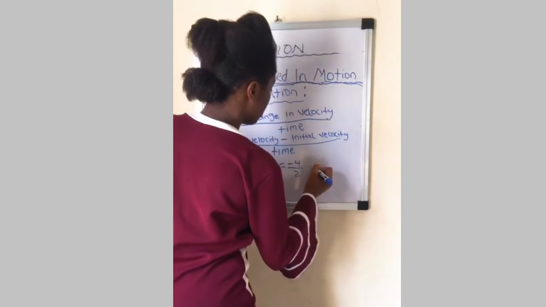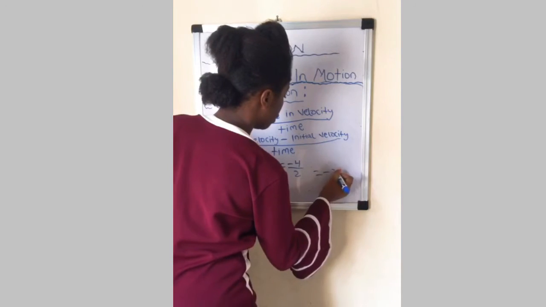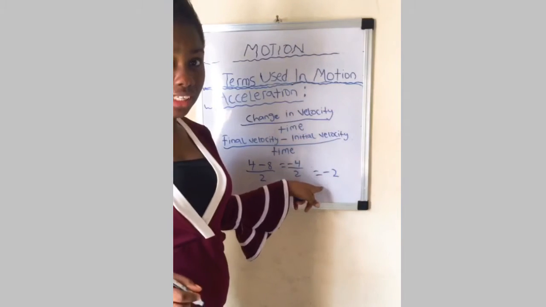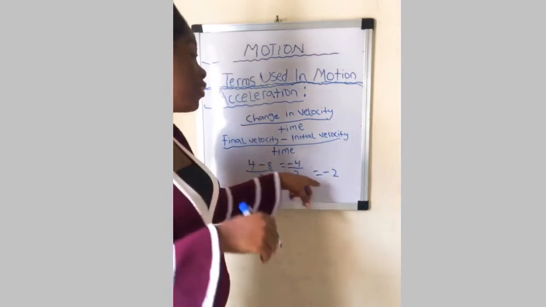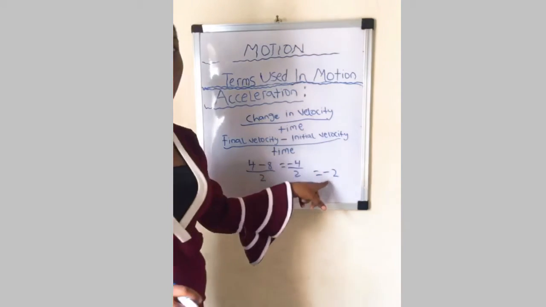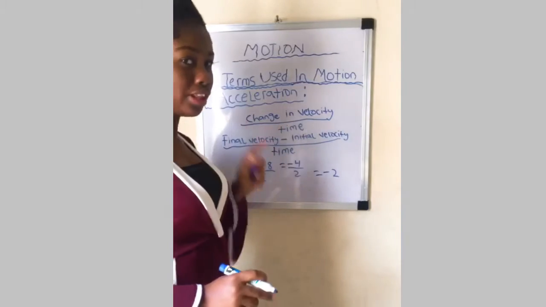So this is equal to minus 2. So what I'm trying to say is, when you have a negative answer, that is when velocity is reducing with time, it is called deceleration or retardation.